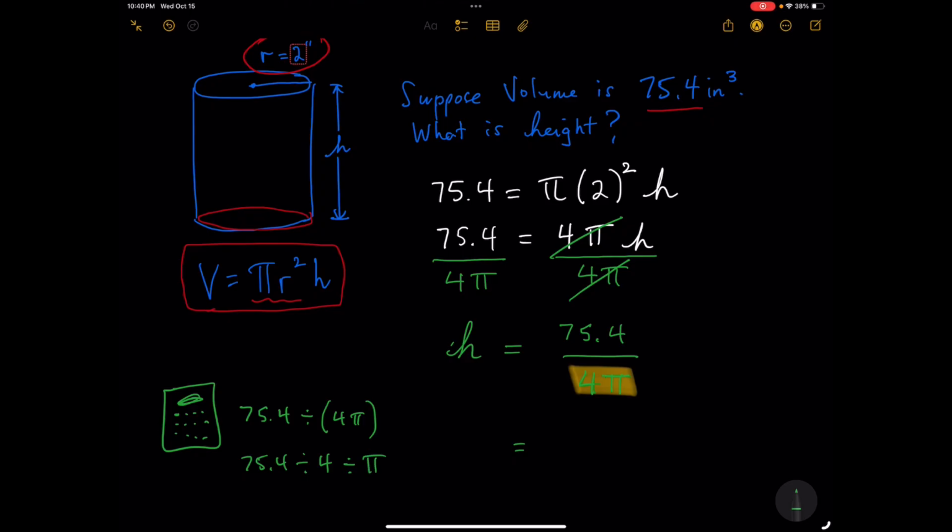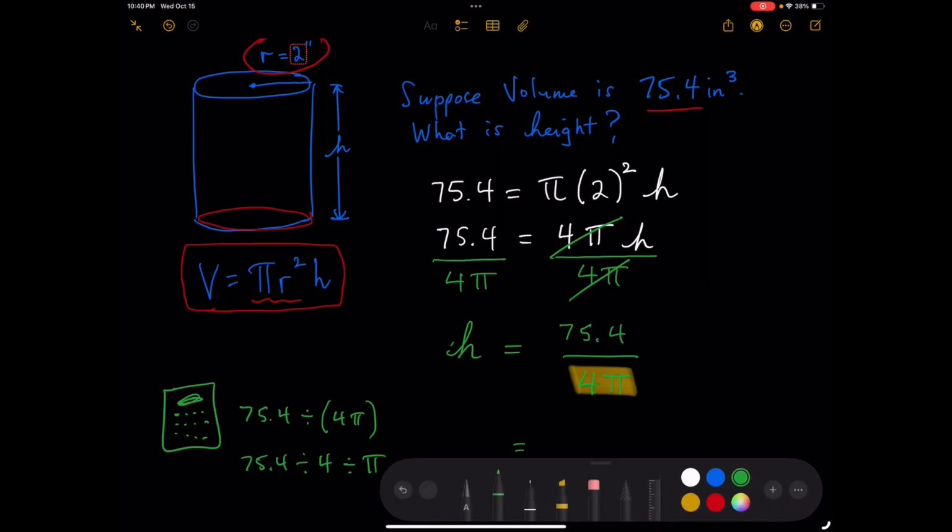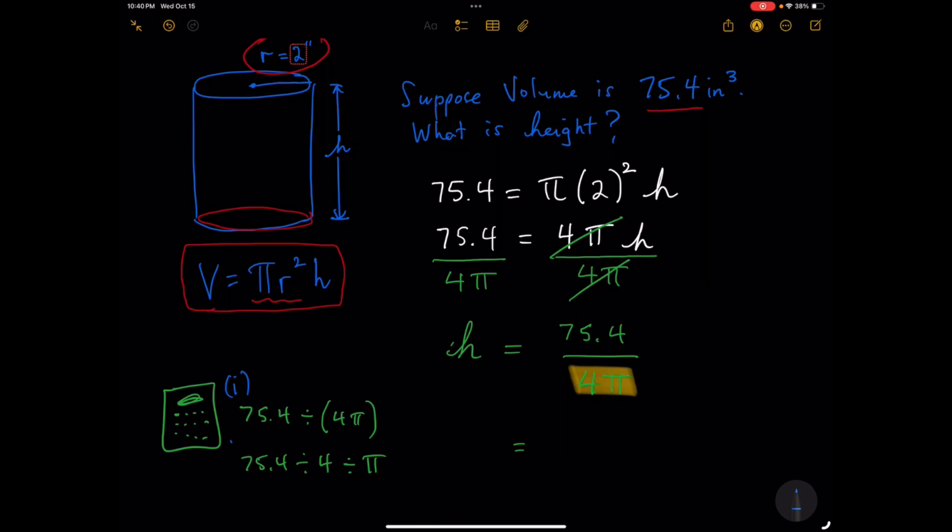Okay, so that's two options. I'm going to give you a third one. So this is the first option, second option. Third option would be take 4 times pi and get an answer. Okay, and then we're going to store that in A. This was using the memories on our calculators.